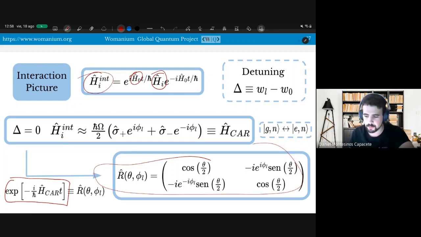An important detail, but maybe more difficult to understand, is that with this kind of detuning, we are not moving through different motional states, I mean different oscillating states of the harmonic movement Hamiltonian. If we use zero detuning, we are just moving in the electronic states, but not in the motional states of the harmonic oscillator.